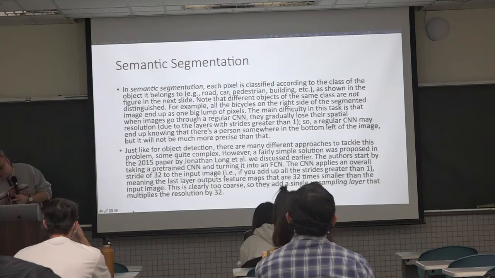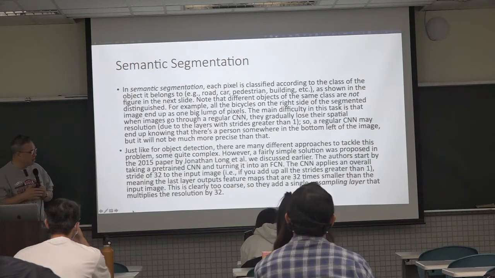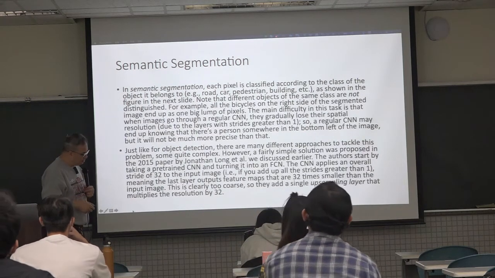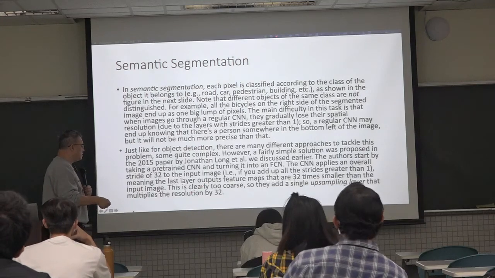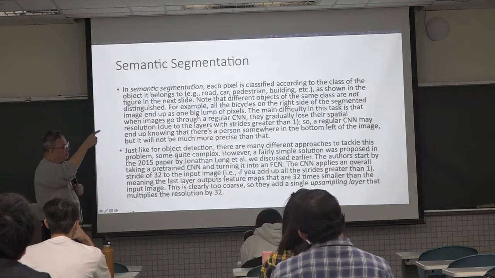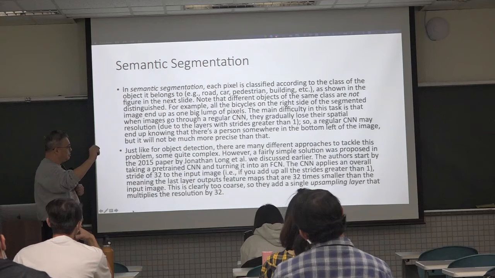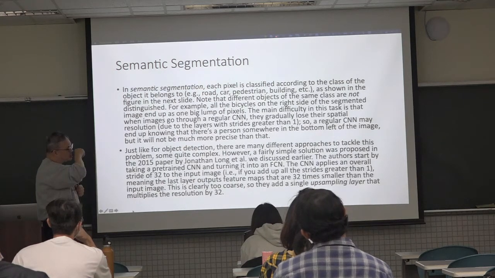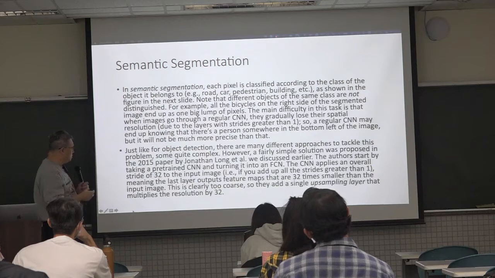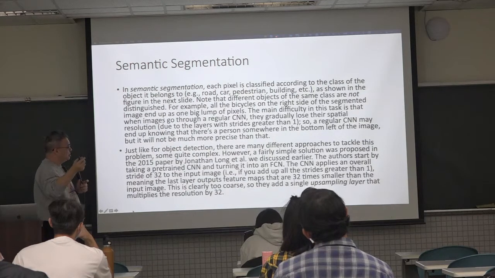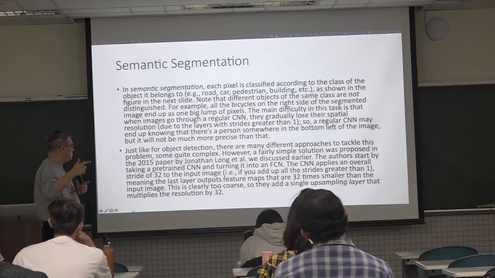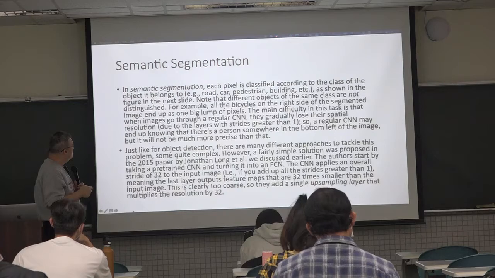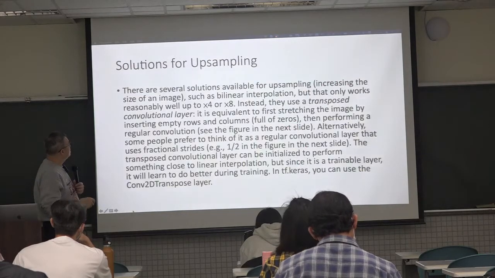If the image becomes this small, obviously one pixel no longer represents a single pixel in the original image. So you need to upsample the image, meaning enlarge the image back to its original resolution.